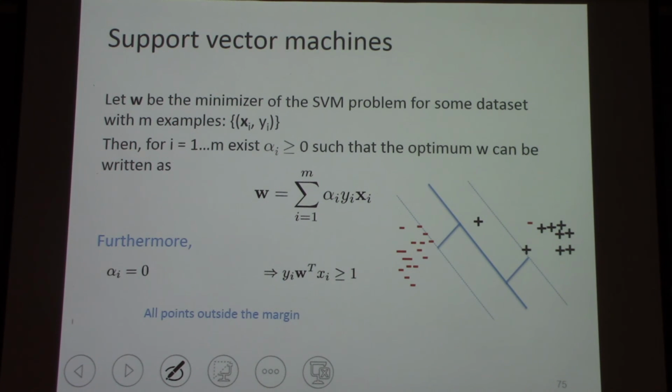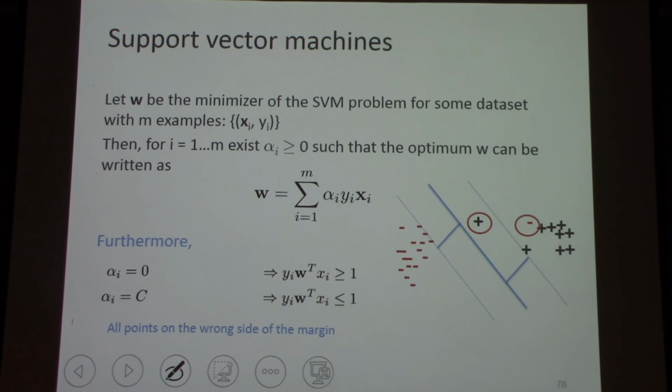For every example where alpha is 0, that example will be correctly classified and on the better side of the margin, let's say outside the margin. So every point outside the margin will be assigned an alpha of 0 at optimum.